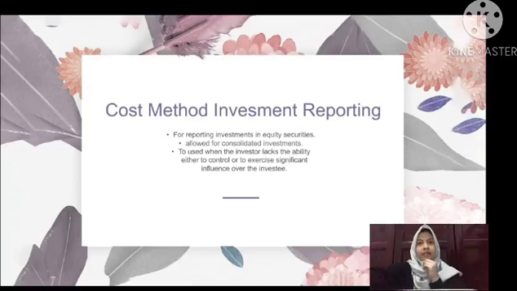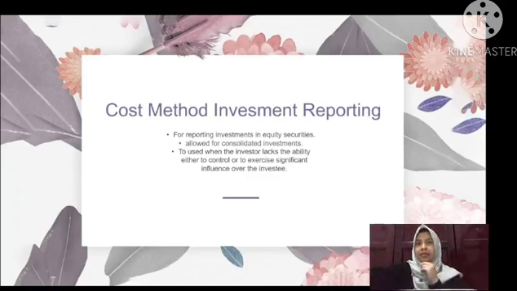Cost method investment reporting. The cost method is used for reporting investment in equity securities when both consolidation and equity method reporting are inappropriate. The cost method is also allowed for consolidated investment.